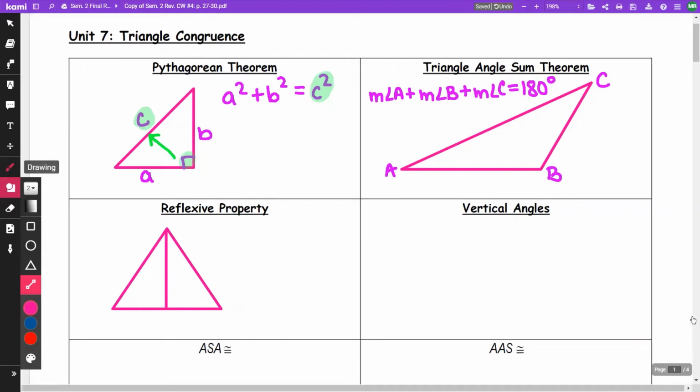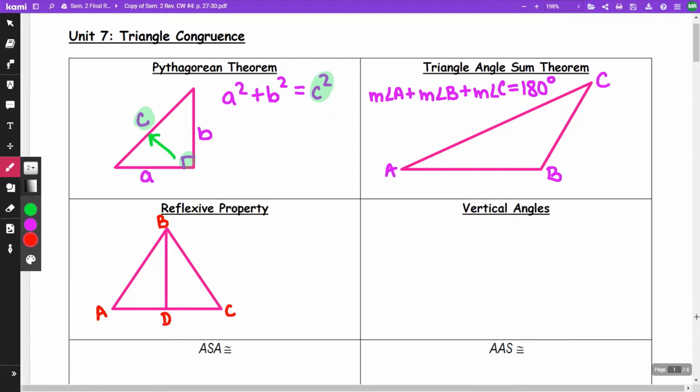Then if I have this as, let's say, angle A, angle B, angle C, and then let's say that this is point D. This line segment right here, this line segment BD is in both triangles. It is in this orange triangle, and it is in this purple triangle. So that side, line segment BD, is in both triangles.